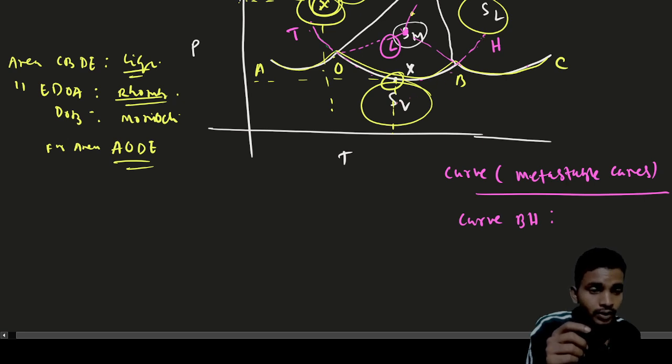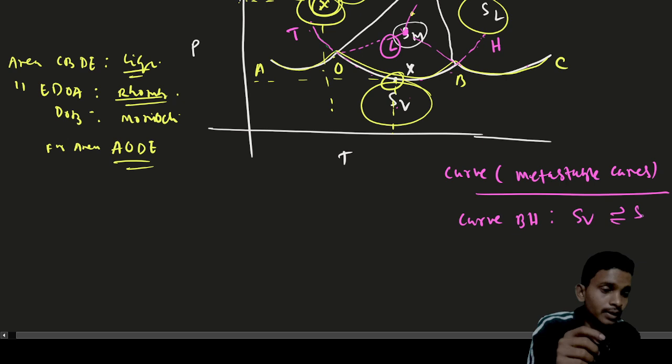So this OB curve is the equilibrium of SB and SM, so this is also SB by SM. Similarly, this one I extended from here, so it comes here. So whenever I say curve OT, this is extended from here, so it is the same as this. This is again SB by SM.